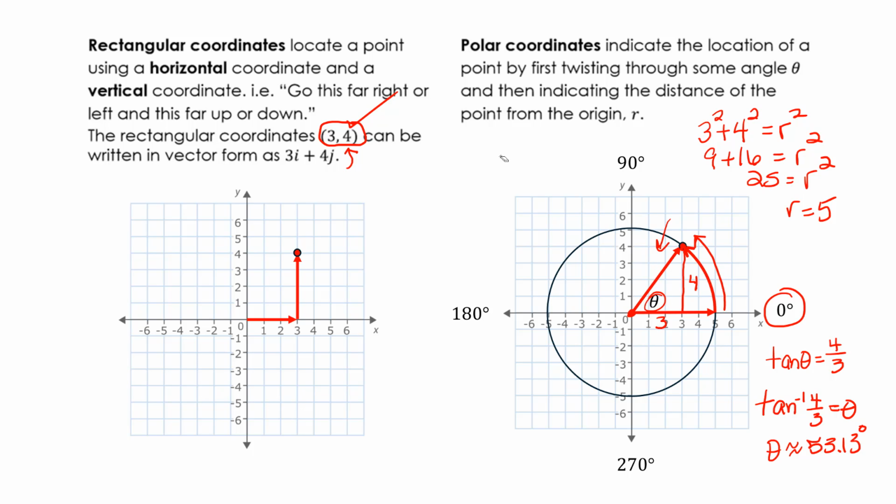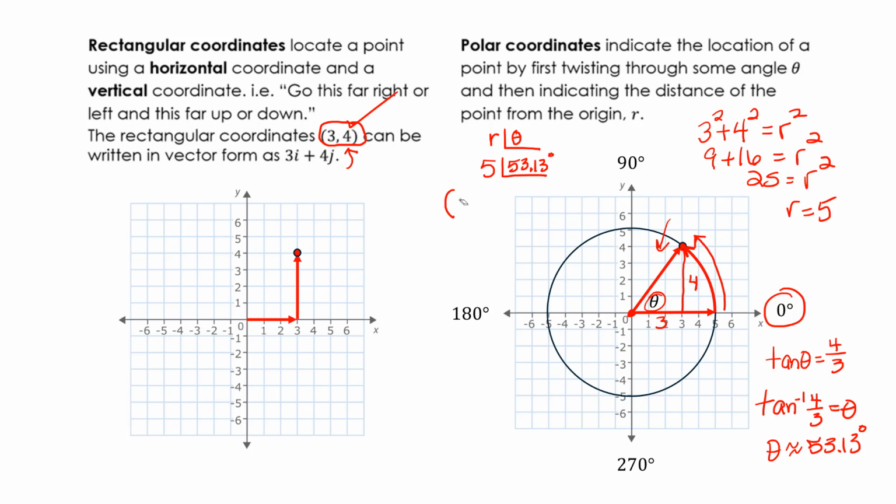So your book would write this with the radius here, and then they'd put a little bracket like this and put the theta in there. So this would be written as 5 and 53.13 degrees.